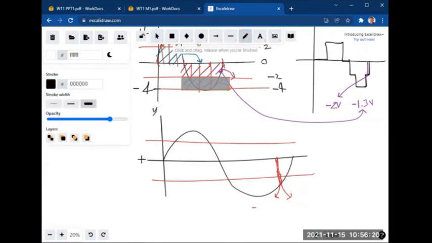This is y, this is x. So the possible value of x will be delta x, or x max minus x min.